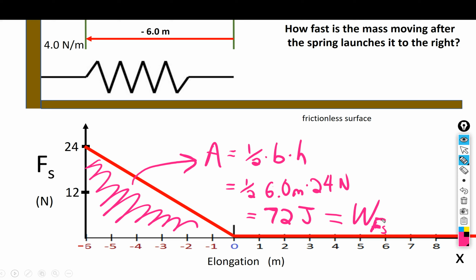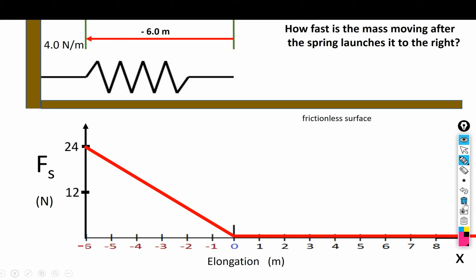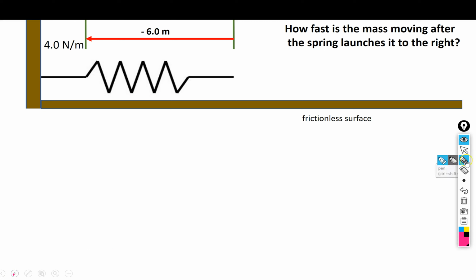So now we can go back and calculate how fast that object is going. The initial kinetic energy plus the work done by the spring force equals the final kinetic energy. But we know that object started from rest, so there isn't any initial kinetic energy.